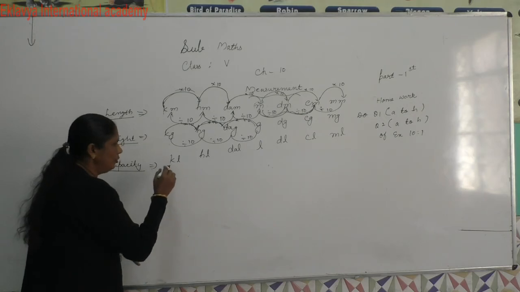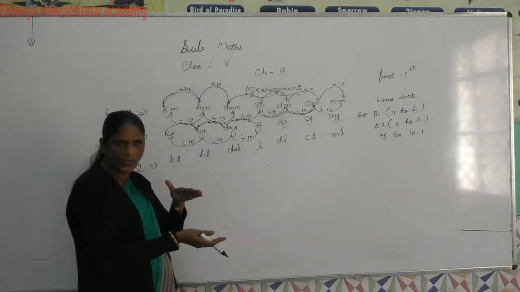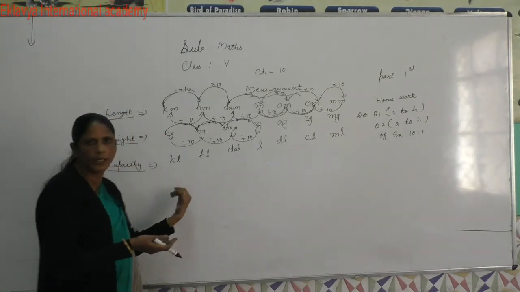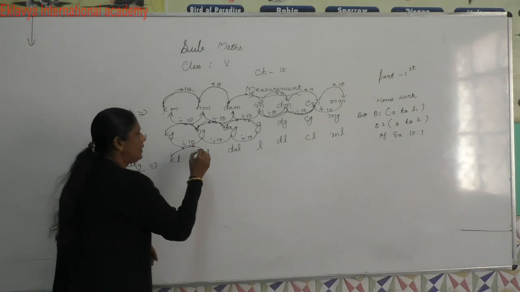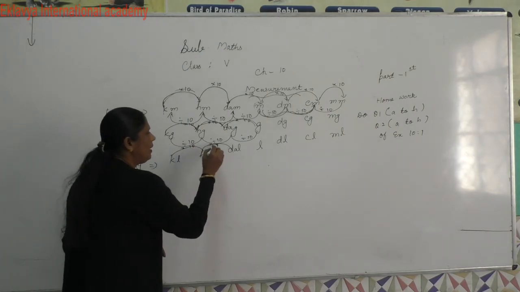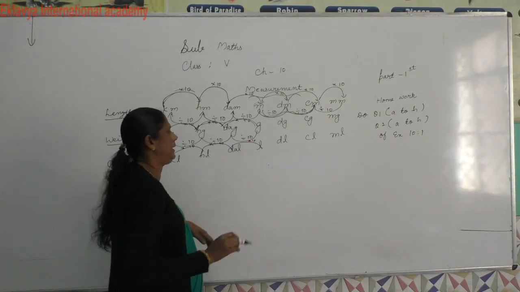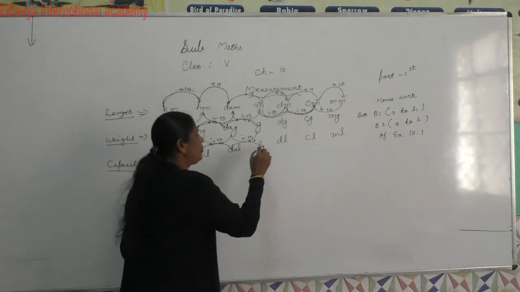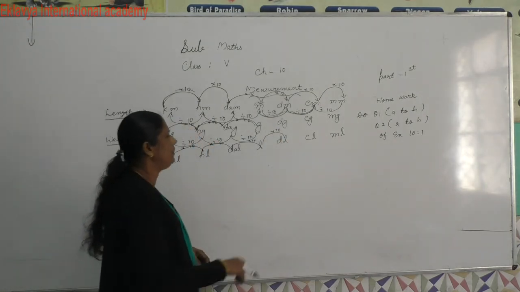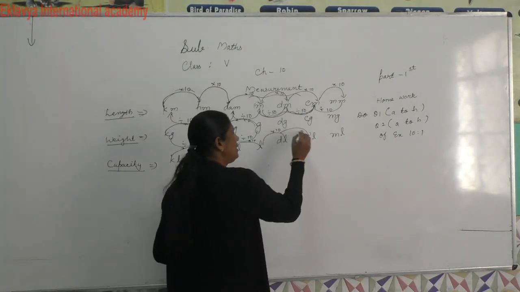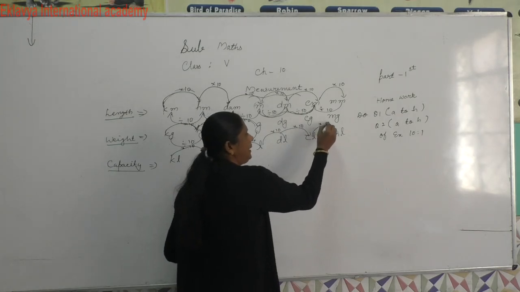Then we move kiloliter into liter, bigger to smaller, multiply, smaller to bigger, divide. We move here, multiply by 10, then hectoliter to decaliter, multiply by 10, then liter, we multiply by 10. Then liter to deciliter, multiply by 10, then deciliter to centiliter, multiply by 10, then again multiply by 10.